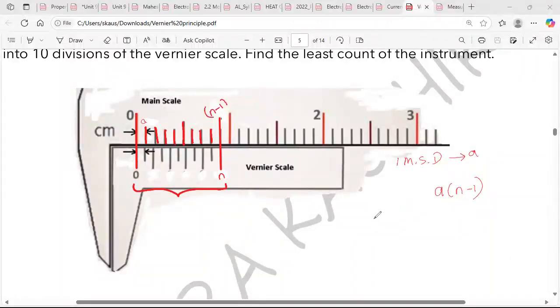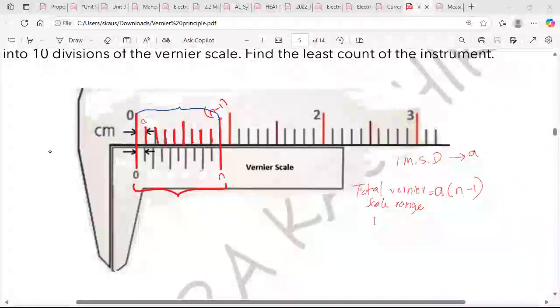That's one main scale division. We are going to find the length of one vernier scale division. So the total vernier scale range is a times n minus 1, this much, right?